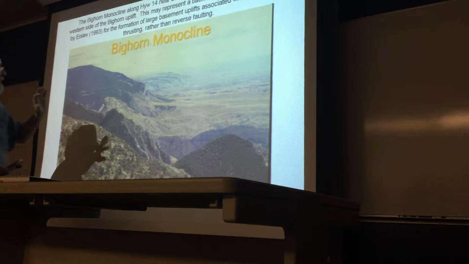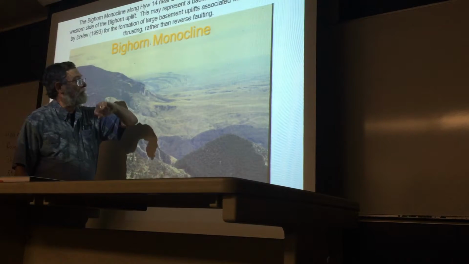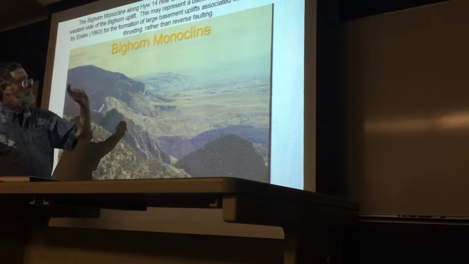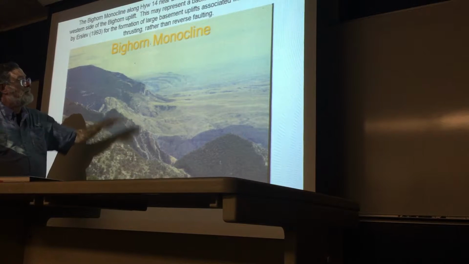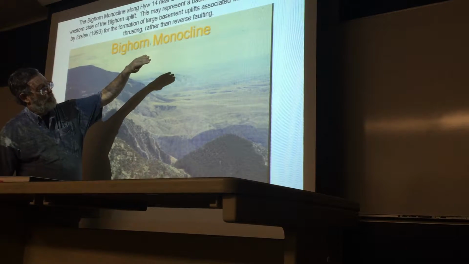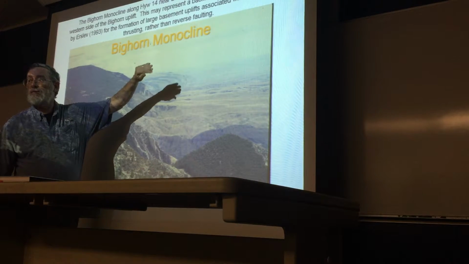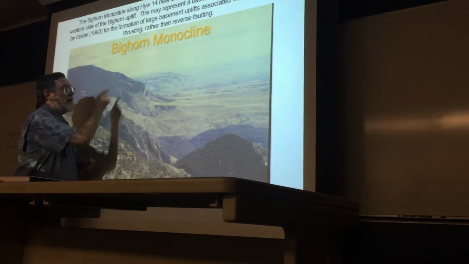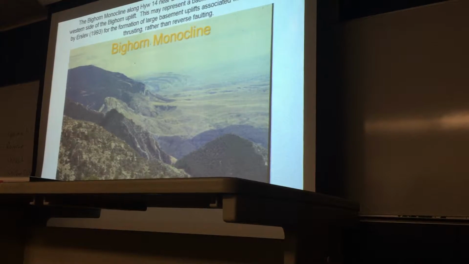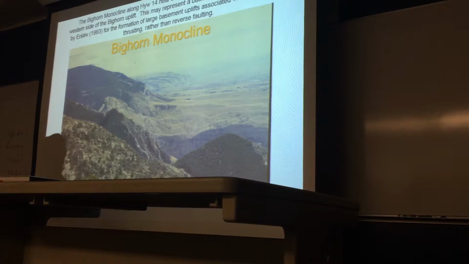We're looking here, this is the Bighorn Monocline, and as we look off towards the south, towards Shell Canyon, we have this bend in the rocks. Well, that is rooted by a fault, where what happened in that particular system was we have this type of an offset and a reverse fault in the heart of that particular flexure.